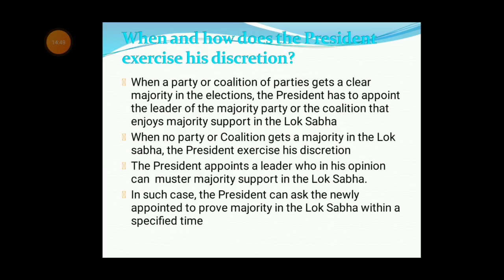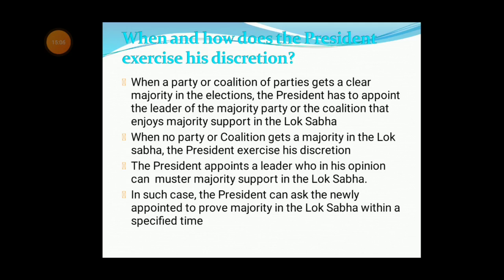But if it is lesser, for example Congress has got 250 and BJP has got more, like 300 or something extra, then only the BJP person will be considered as the prime minister.